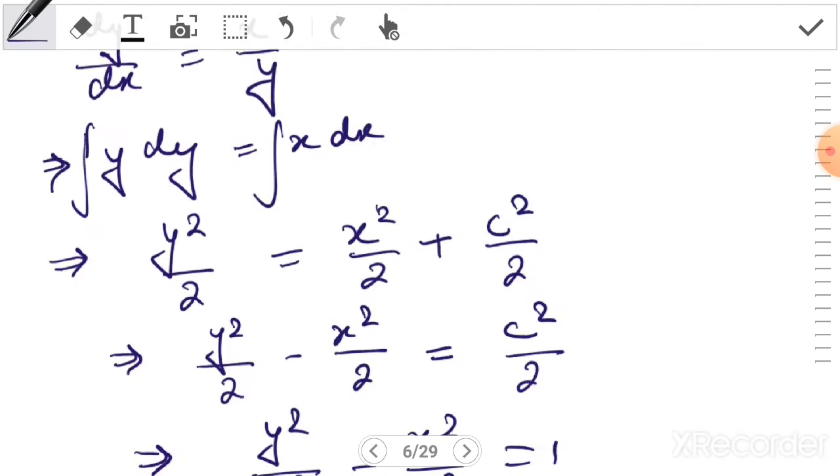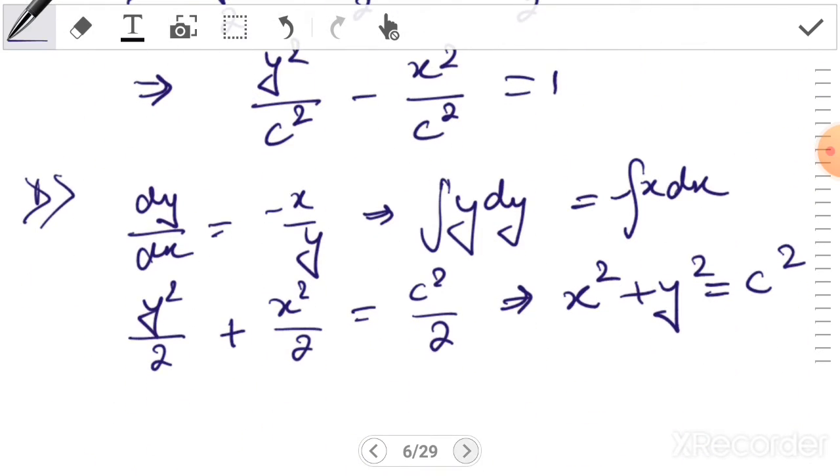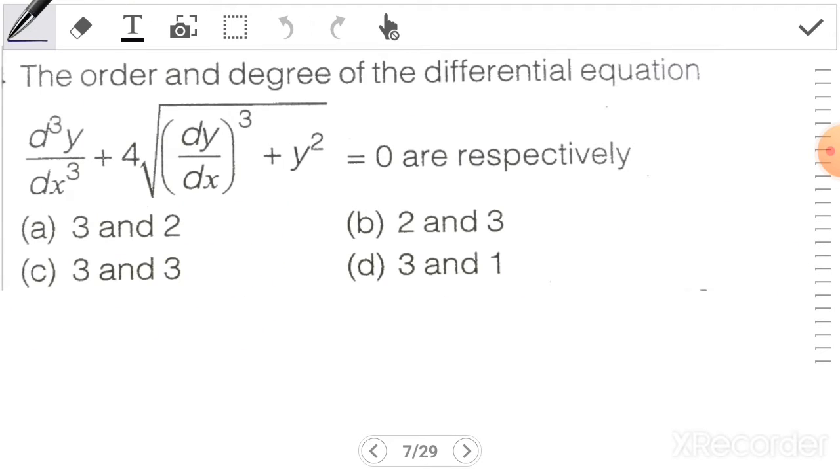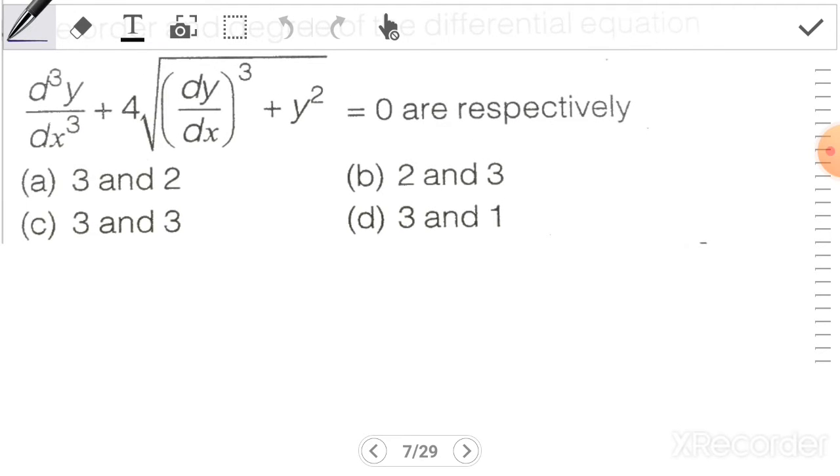Okay. Now let us go to the next problem. The order and degree of the differential equation. Let us remove this radical first.